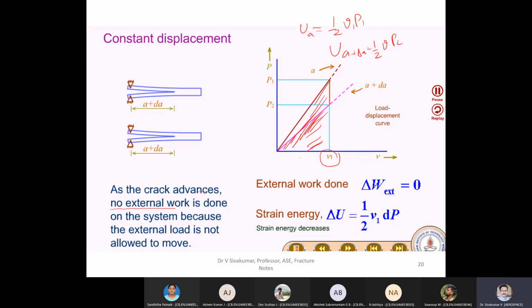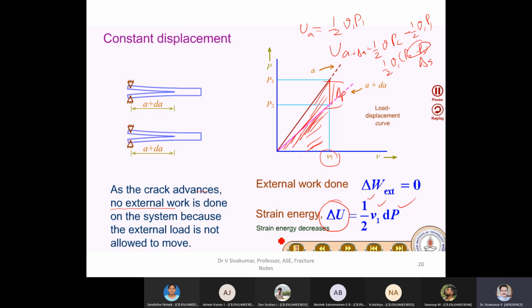The same way, this one minus this one: half into V1 into P2 minus P1. P2 minus P1 is delta P. So half into V1 into dP is the incremental strain energy.